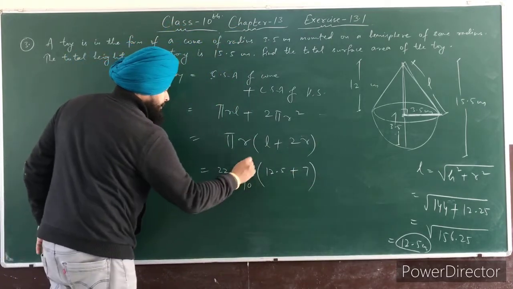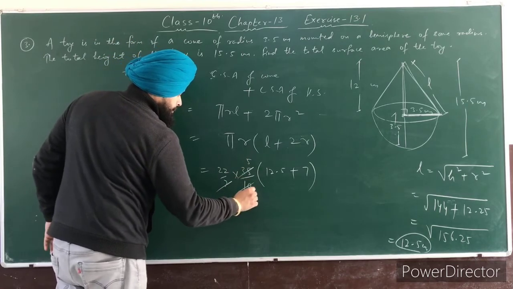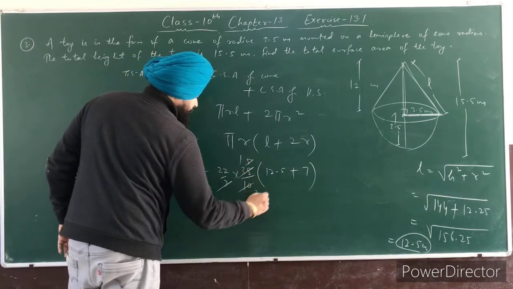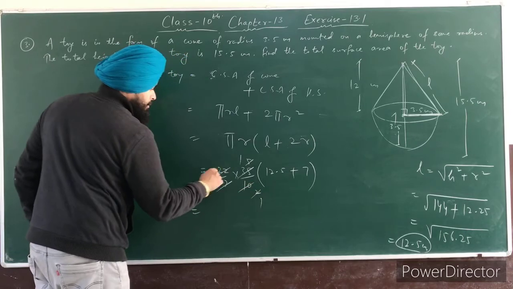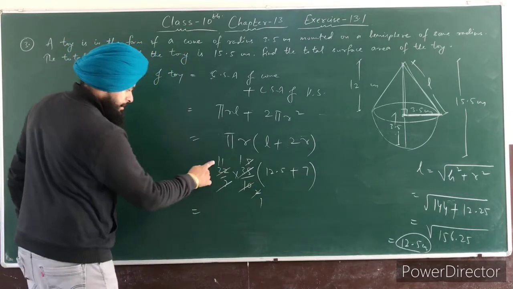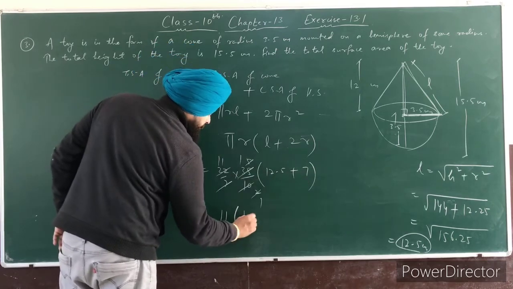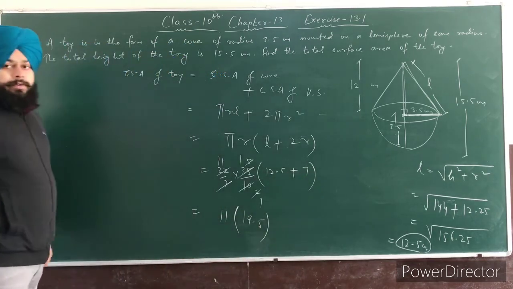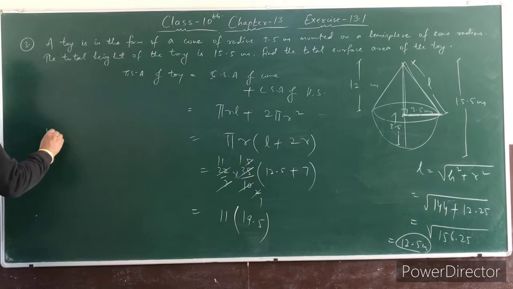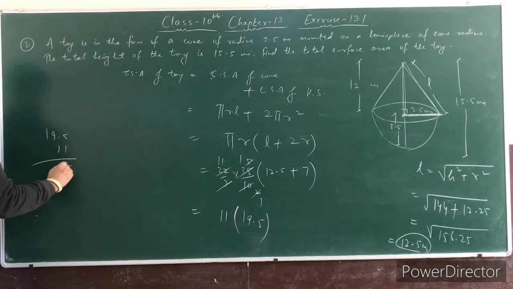Now 7 5s are 35. 5 1s are 5, 5 2s are 10. 2 1s are 2, 2 11s are 22. So there is only 11 left. 12.5 plus 7, 19.5. Now multiply this: 19.5 into 11.